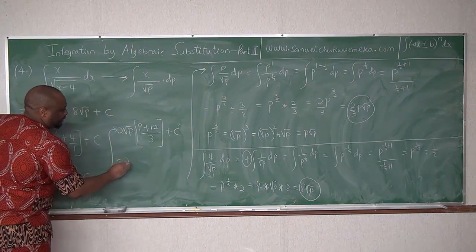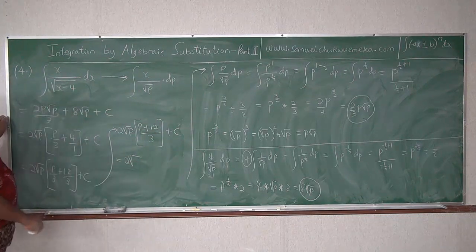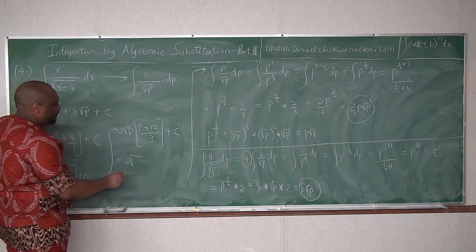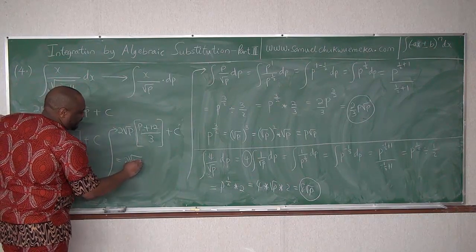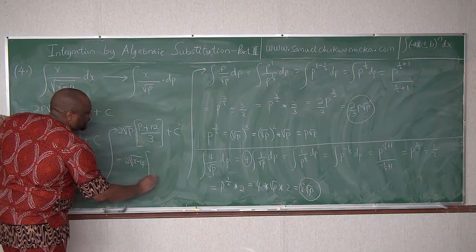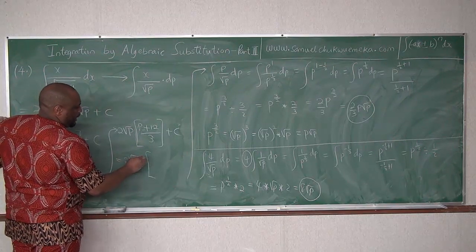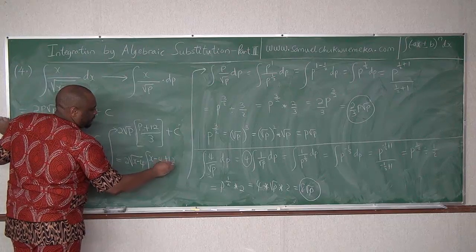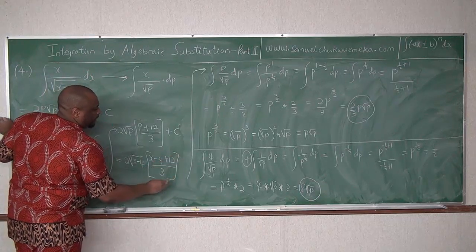Now let's finish it up. Our p was x minus 4, because you have to substitute back. So 2 times square root of x minus 4, times x minus 4 plus 12 over 3, plus c.